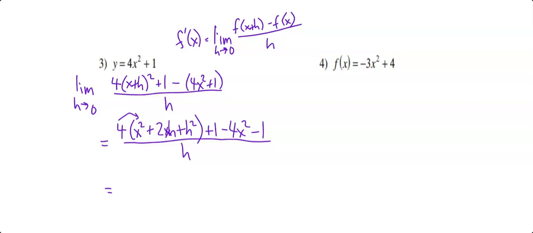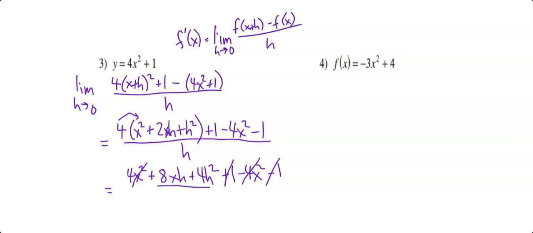And I get 4x squared plus 8xh plus 4h squared plus 1 minus 4x squared minus 1. So the plus 1 and the minus 1 go away. The 4x squared and the minus 4x squared go away.